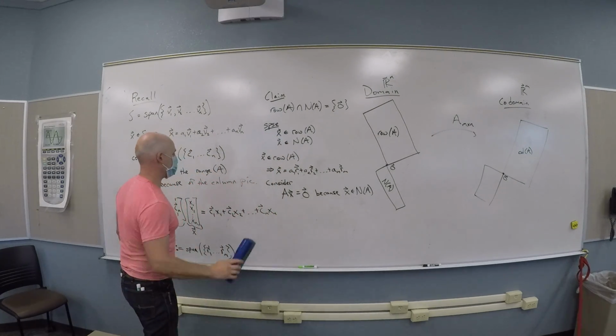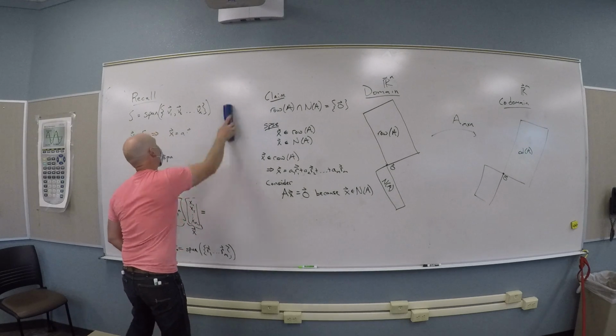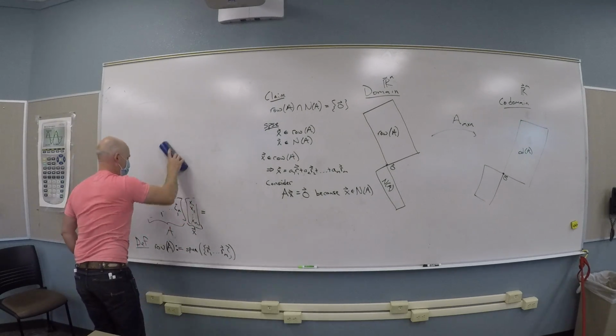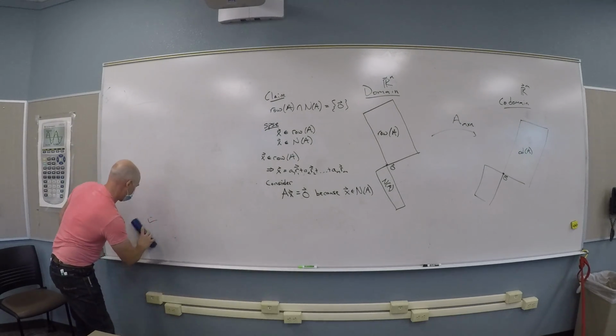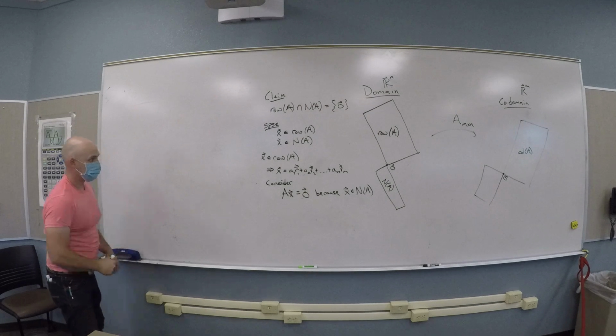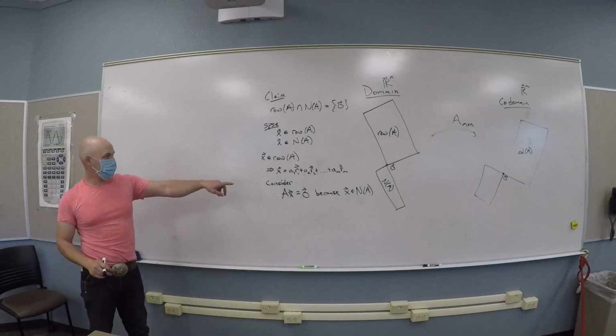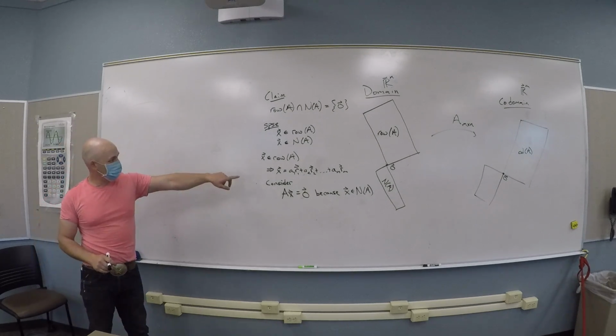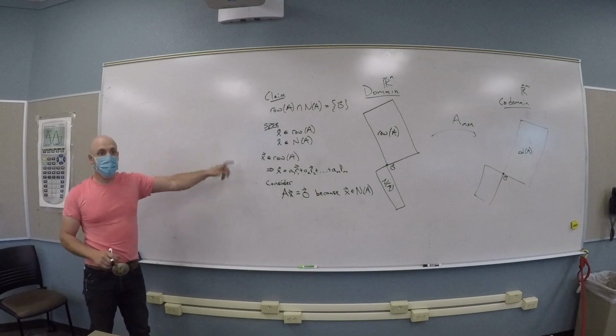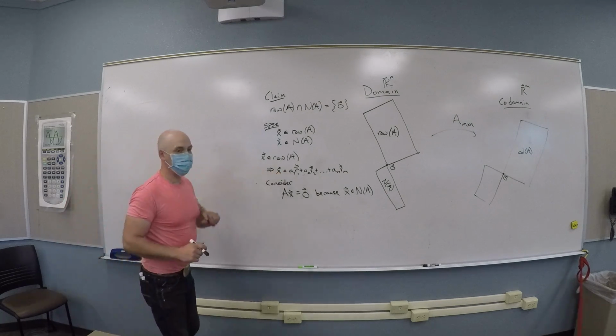Okay, I'm going to dump some stuff over here. We're doing A to x, which means I'm doing A to a linear combination of stuff.